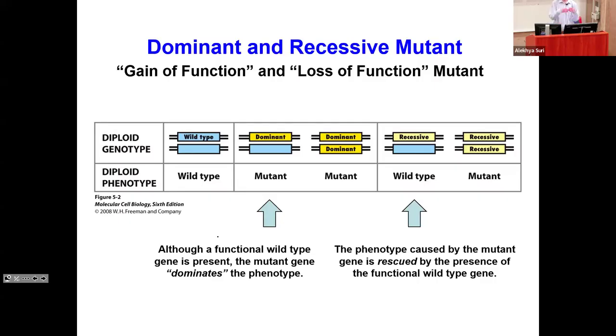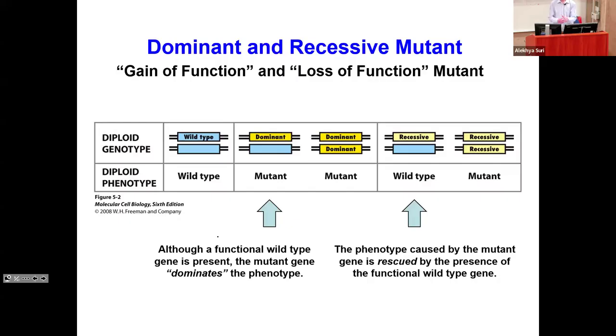So there is a mutant gene that may also express this protein, but the wild type gene can complement for this defect. It's expressing functional proteins, and that will compensate for the mutation in this other sister gene.